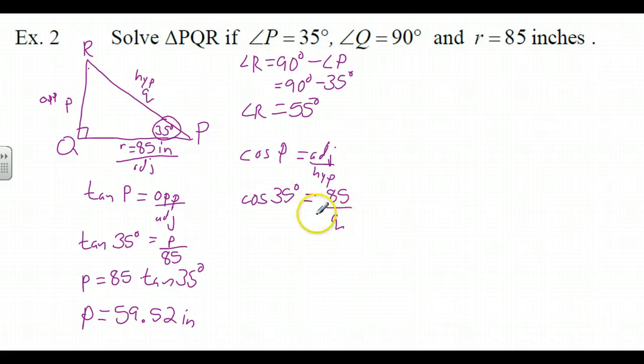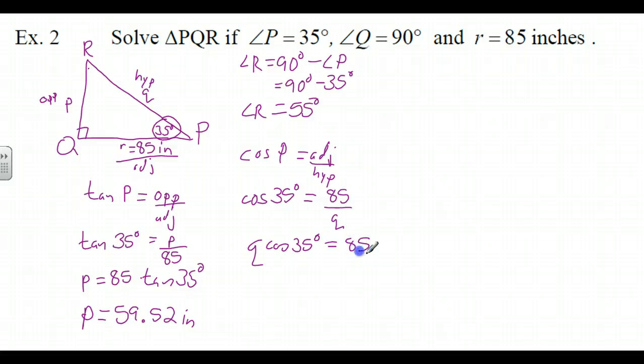Remember how you solve these, right? The quick way is just to interchange these two. We're going to multiply both sides by q. That will give you q cos 35 is 85, and then divide both sides by cos 35 degrees. We don't put units on here, but we must always put degrees.